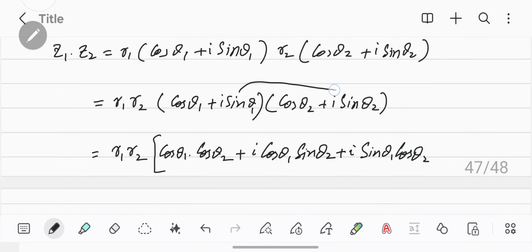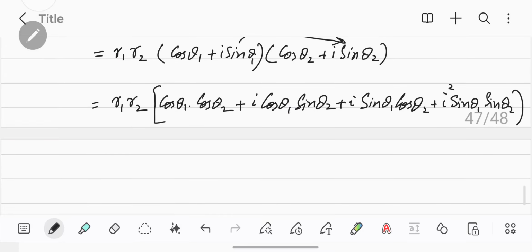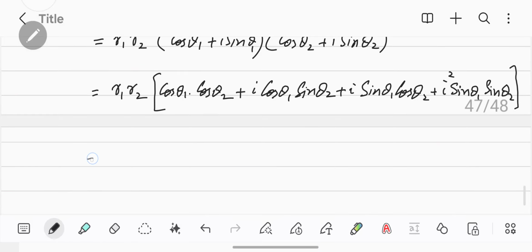Now you multiply this thing with this one. So you have i squared, because i is there 2 times: i squared sine theta 1 sine theta 2. So this is the product which we have written here, r1 times r2.